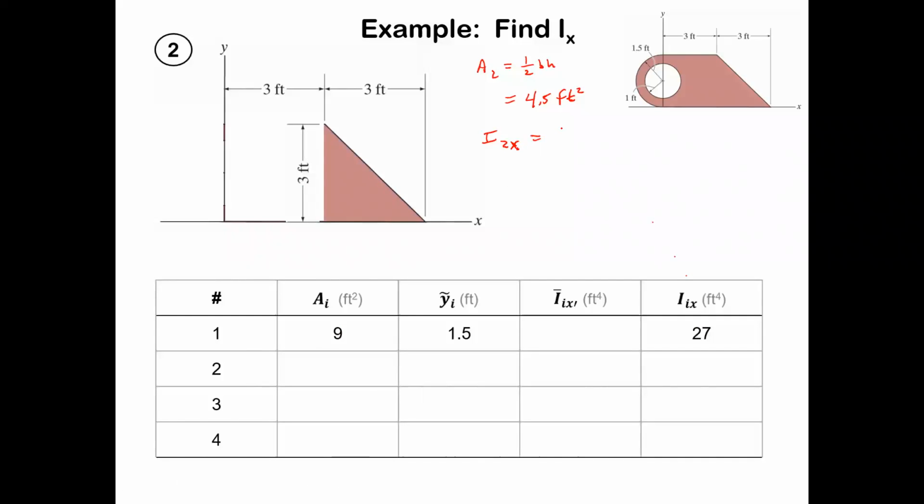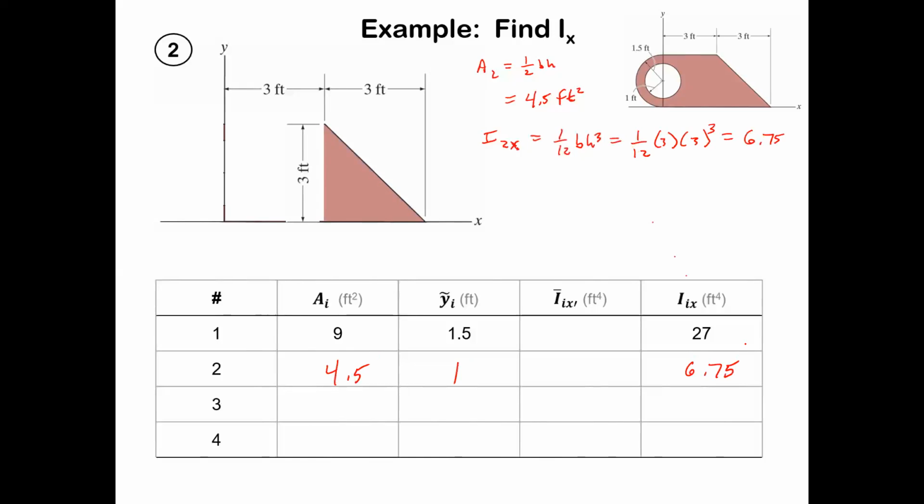So I2x is 1/12 b h cubed, which is 1/12 times 3 times 3 cubed, which is 6.75. Again, we don't need the centroidal one, but sometimes it'll be a nice intermediate step. We put all this information in row 2 of the table.